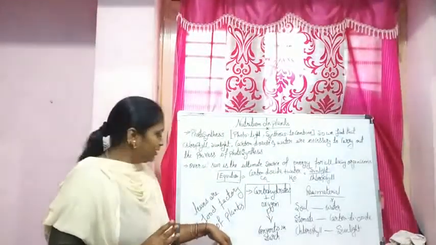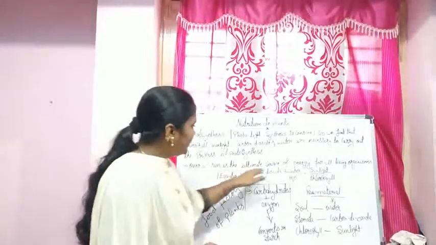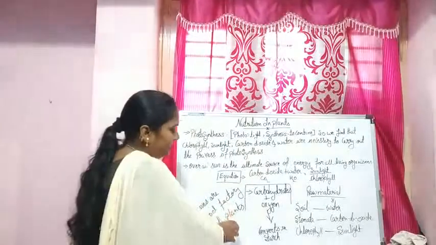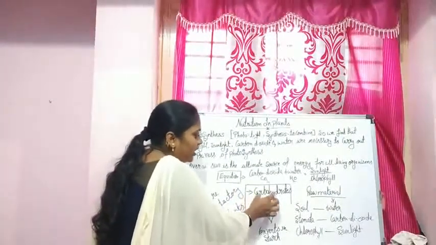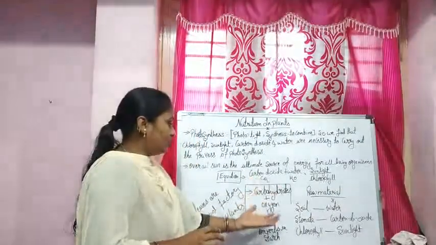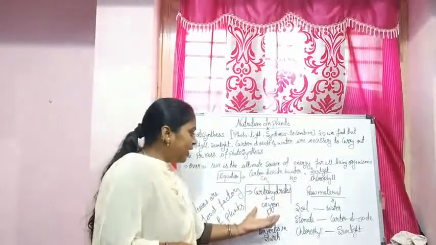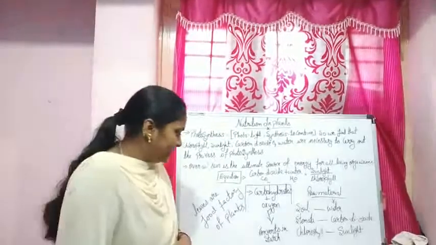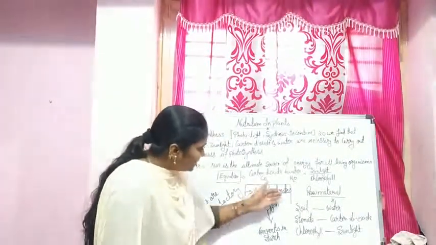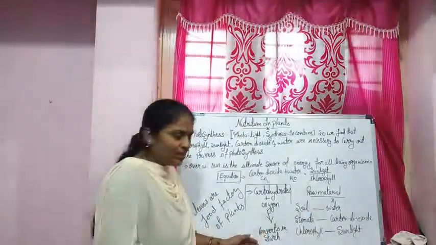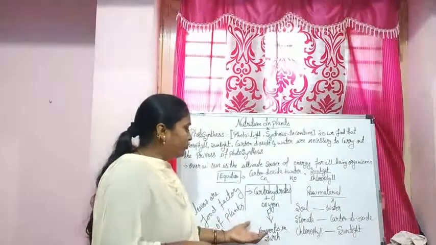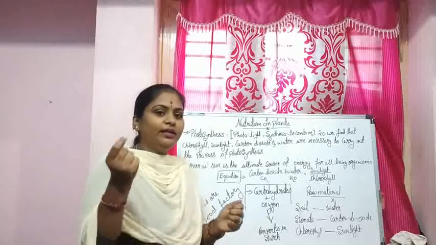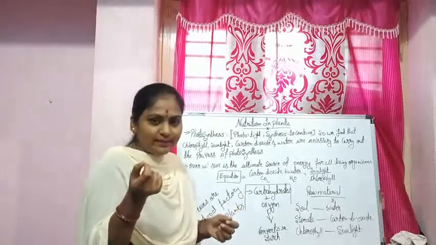Understood students? So now in this equation, when there is the process of photosynthesis, carbohydrates and oxygen are produced. Then the carbohydrate is converted into starch in the plant. When you pluck or tear the leaves, at that time you will get a white substance in that.